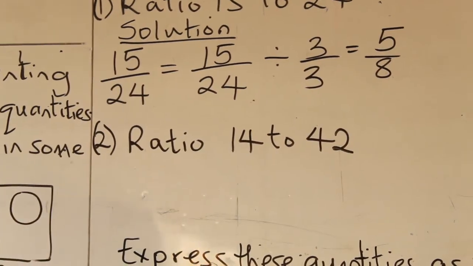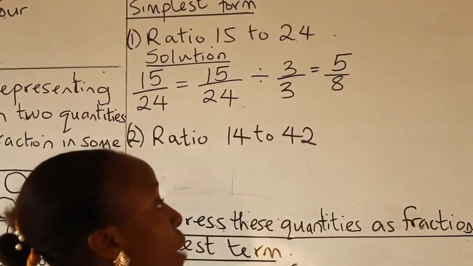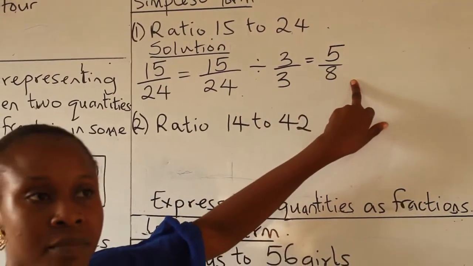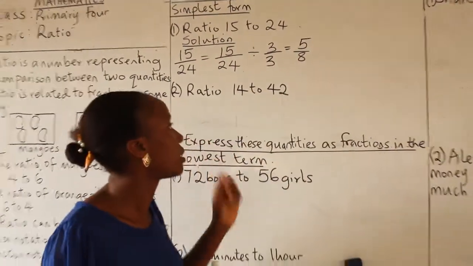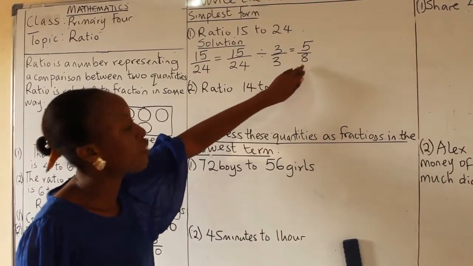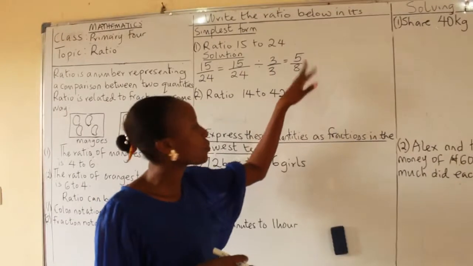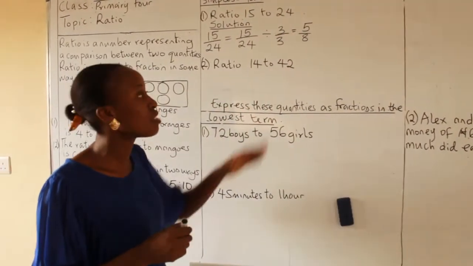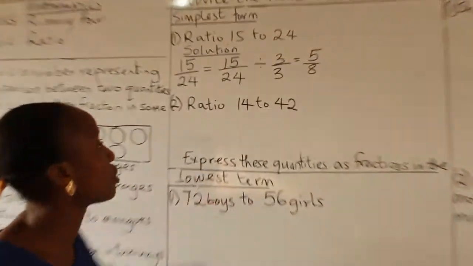There's no other single number that can divide 5 and 8 except 1. So we leave our answer as 5 over 8 because that's the simplest form of this fraction. There's nothing further we can do to this fraction.